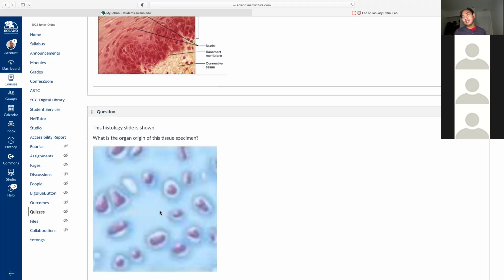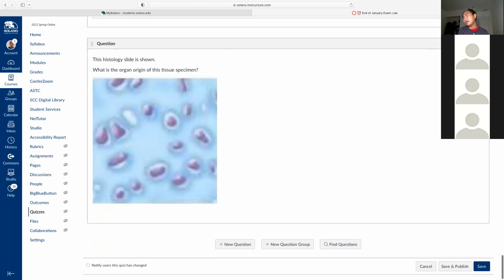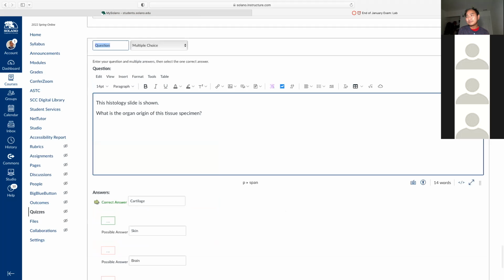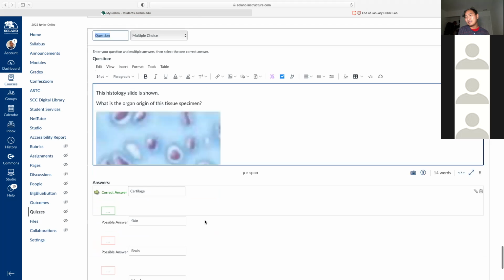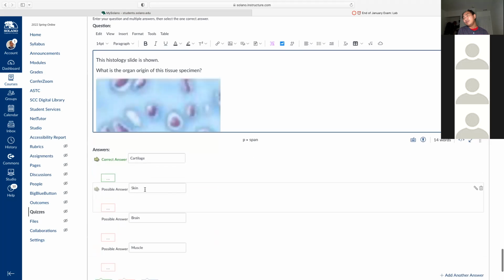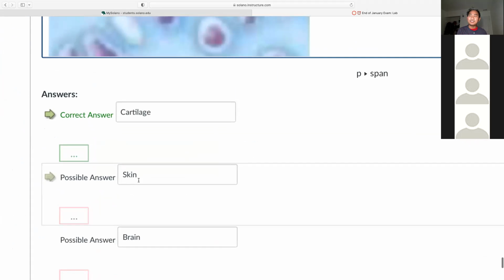Then I would say this is more like a hyaline cartilage, not a connective tissue proper. If you go and look back at the slides from the connective tissue proper, it is different, and therefore this is a hyaline cartilage. Let me check. Yeah, this is cartilage. Skin.